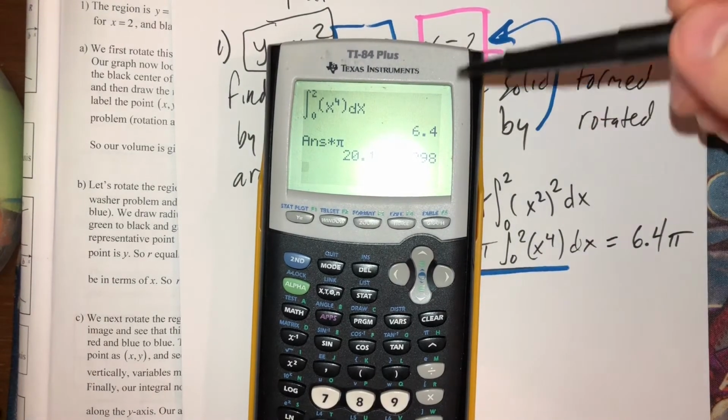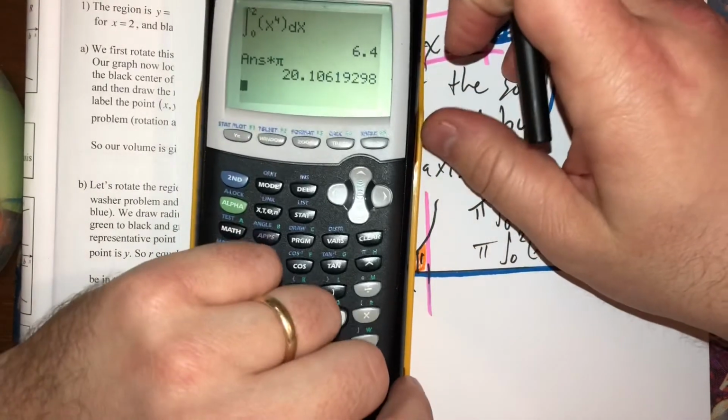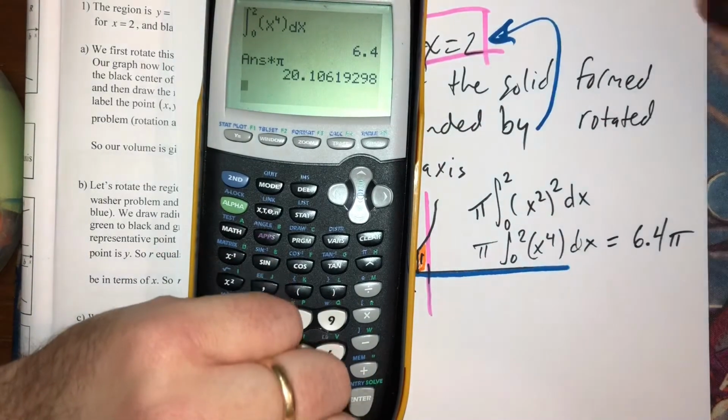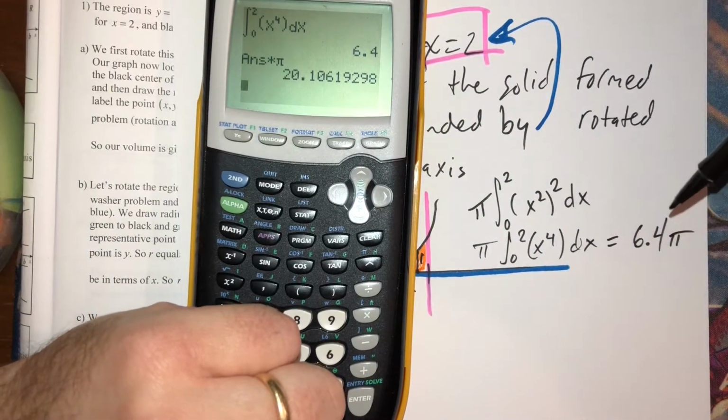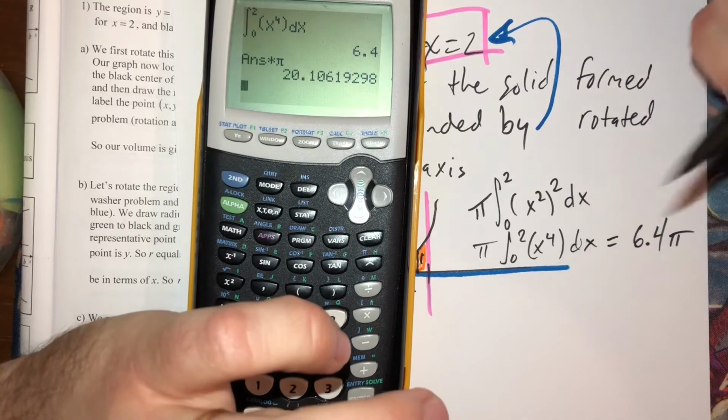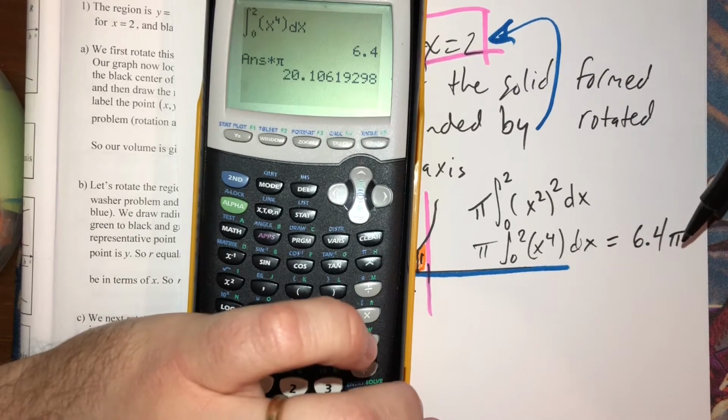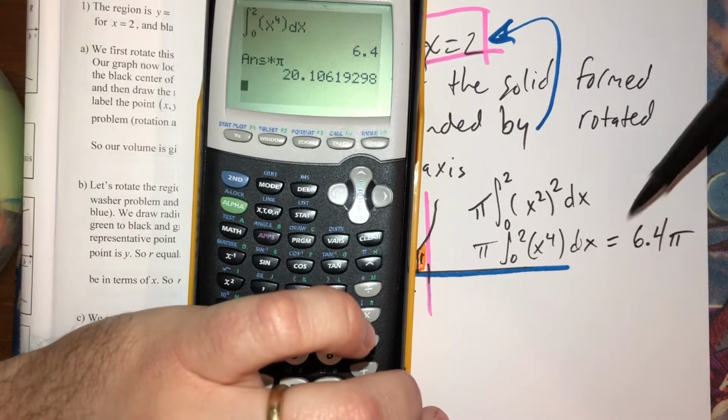I could write 20-point garbage, or I could write 6.4 pi. On the AP exam, they're both right. This one is cleaner, and if I have to do any further calculations, this one's a lot easier to work with.